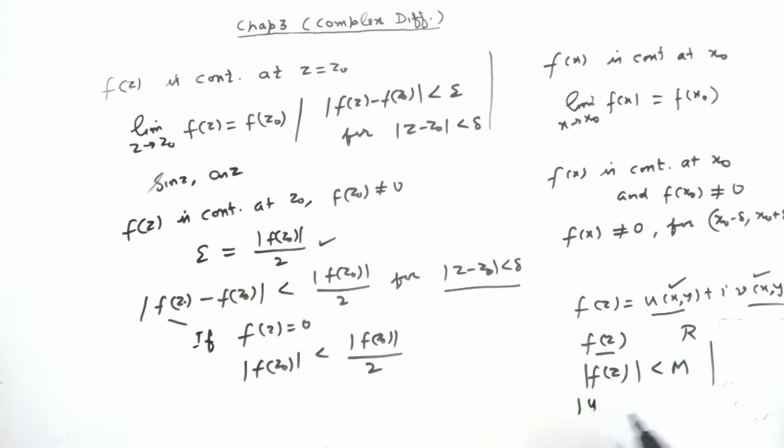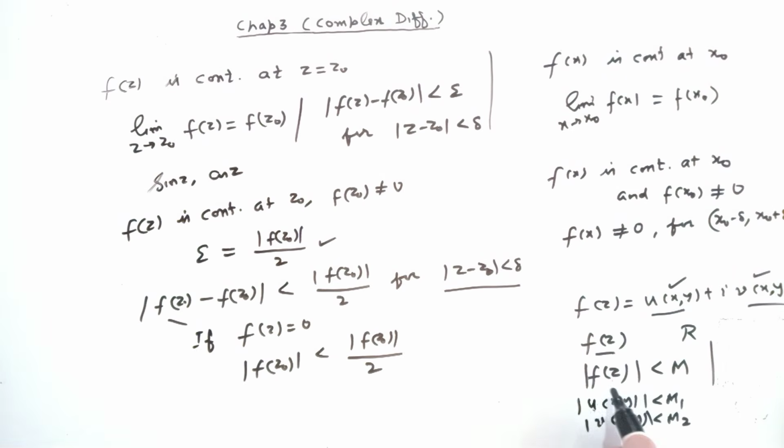Because these are continuous, u(x,y) is less than M1, v(x,y) is less than M2, say. In case of real, this result is known: if a real valued function is continuous in some bounded region R, then it's bounded.